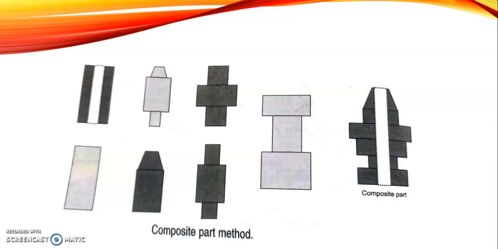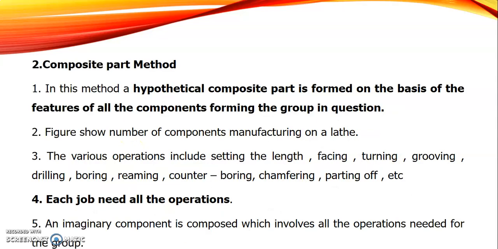It is a plain rod, and it is going to be changed over in the machine. Using a lathe, we are going to do turning, facing and many operations. So it is known as the composite part method. Each job needs all these operations. So an imaginary component involves all operations needed for the group.